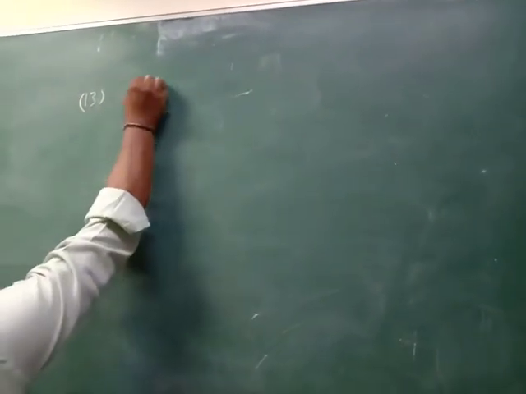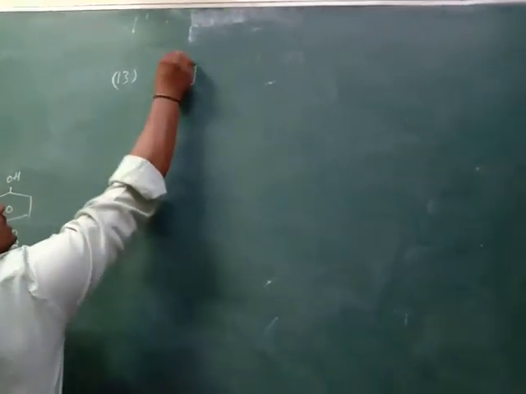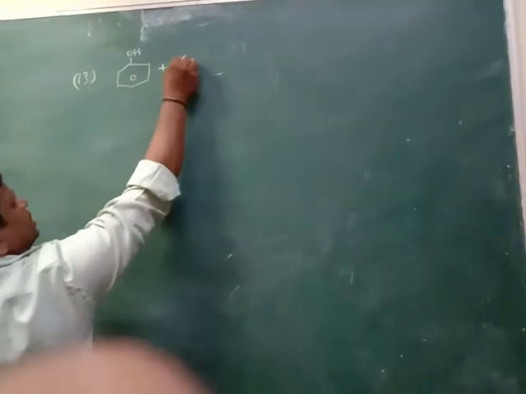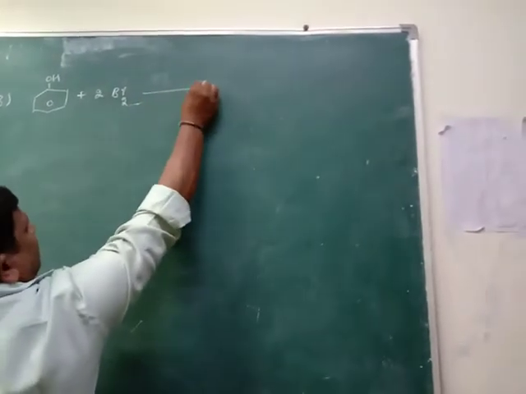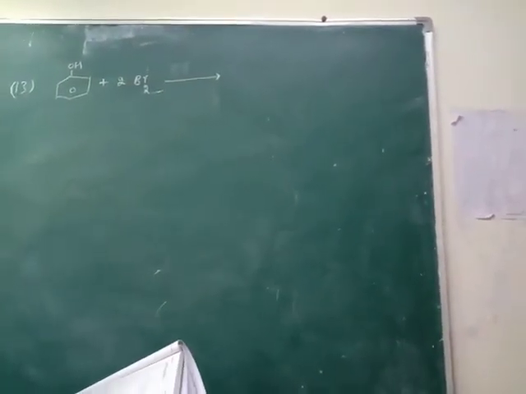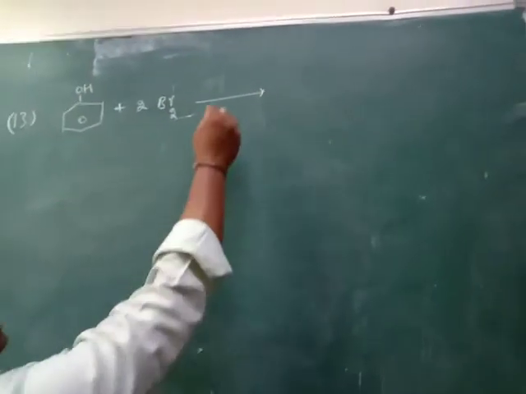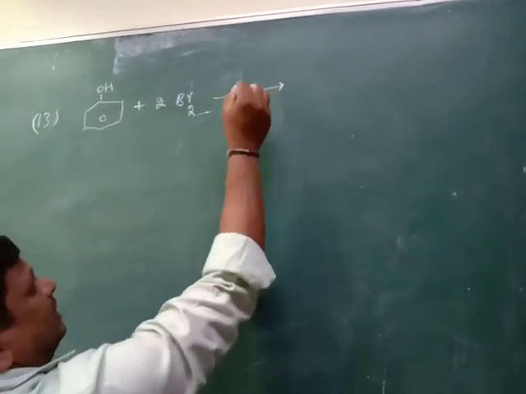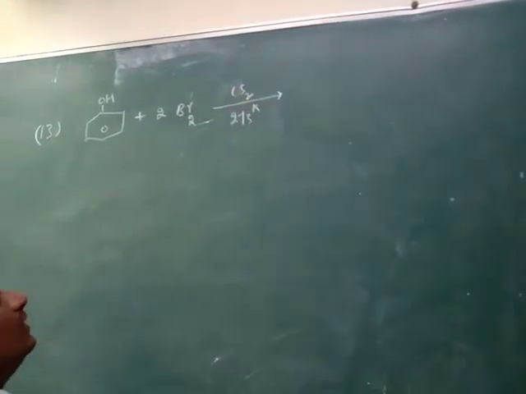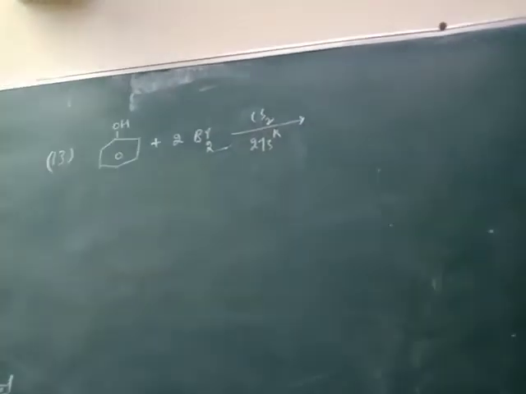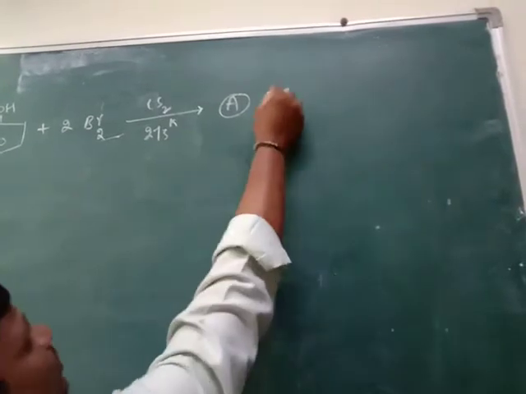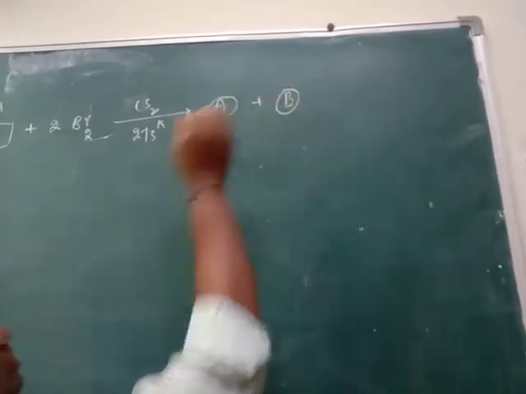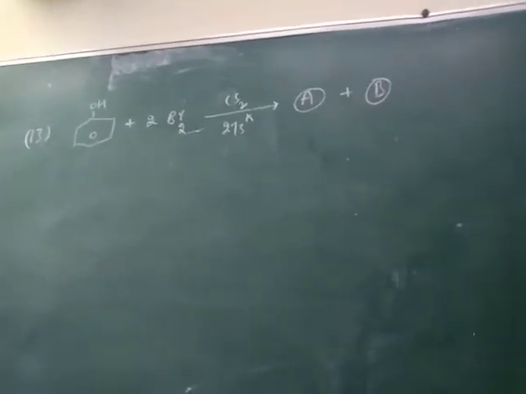So phenol, C6H5OH, is treated with 2 moles of bromine at 273 Kelvin temperature in the presence of carbon bisulfide. It gives two compounds A and B. In these two compounds, what is the major component?